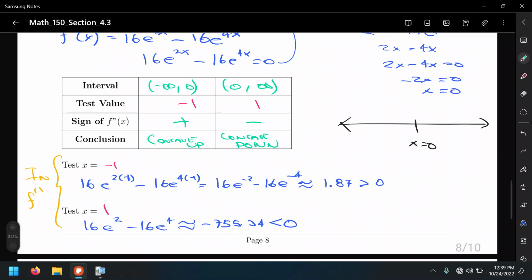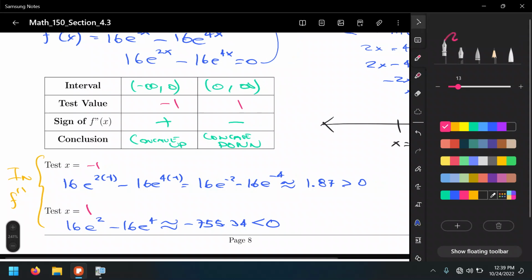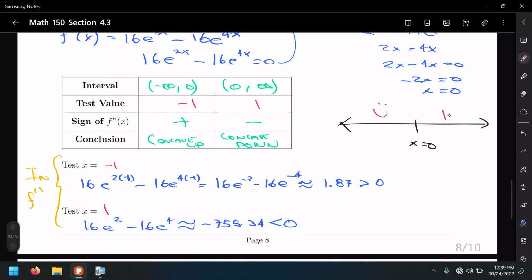All right, in other words, it's going to go from happy to sad. That implies the existence of a point of inflection, and in this case, this hypercritical value x equals 0 is actually in the domain of the original function, because the original function, which is an exponential function, doesn't have any issues with 0, doesn't have any restrictions.